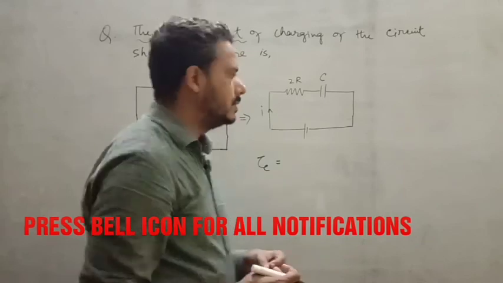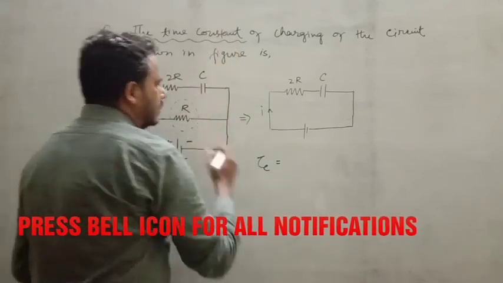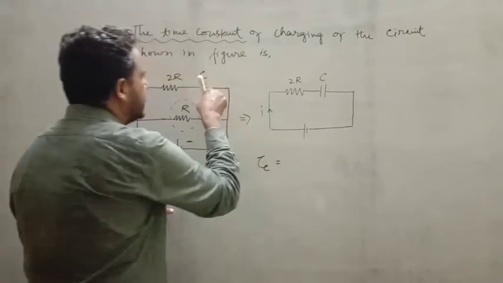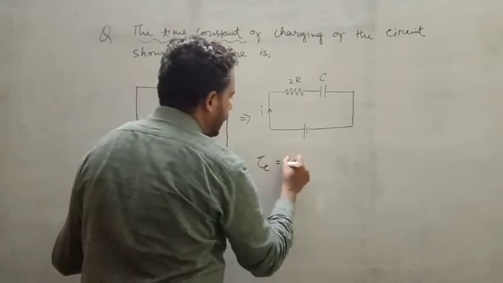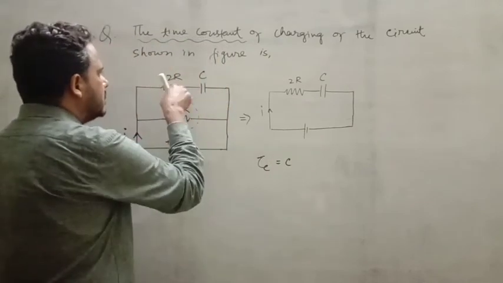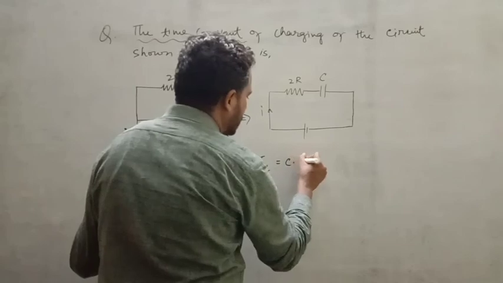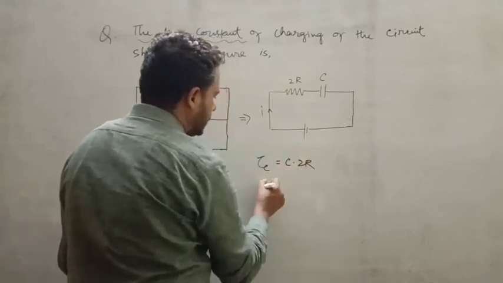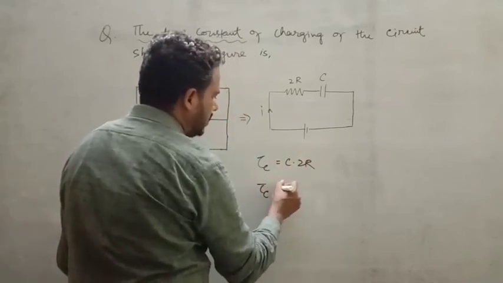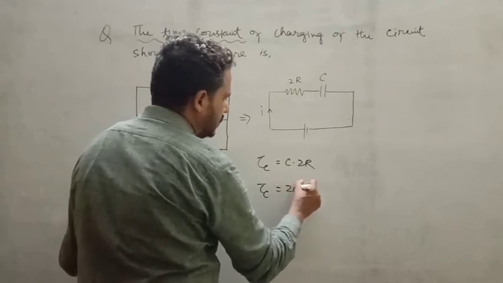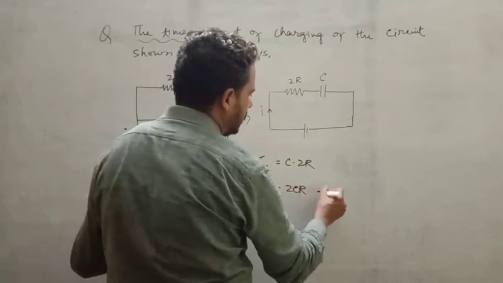So how much is the capacitance of the capacitor? This one is C, and the resistance of the resistor is 2R. That means your time constant will be 2CR, and this one is your result. Alright.